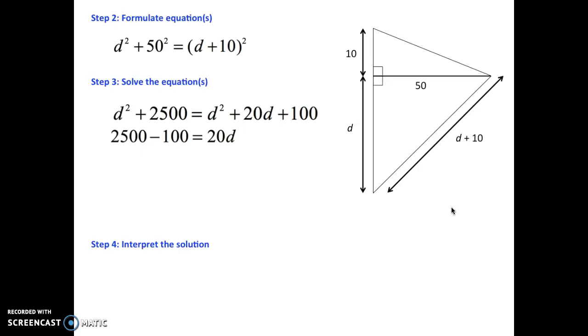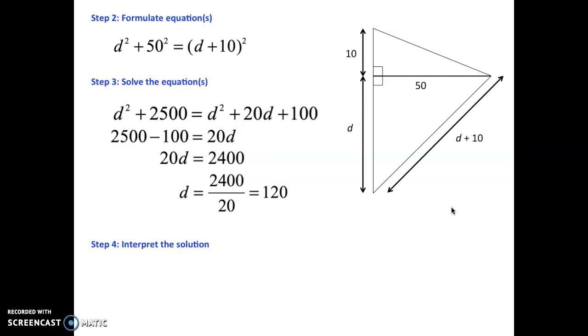We can cancel the d squares from both sides of the equation. As I move my 100 to the left hand side, I'll have 2500 minus 100, which will equate to 20d. Therefore, 20d is equal to 2400 and d is equal to 120.